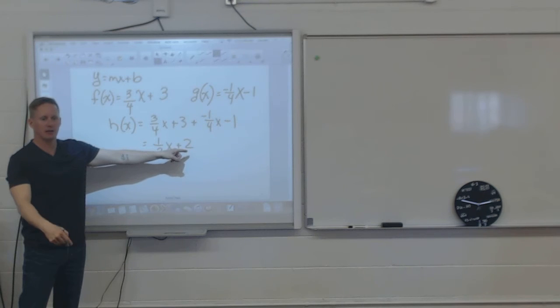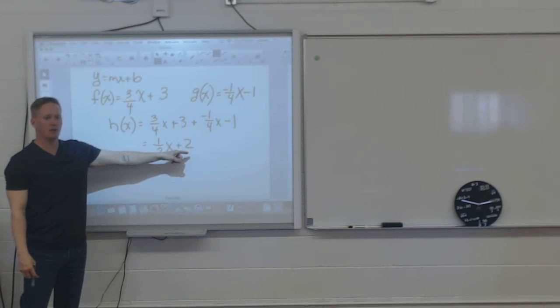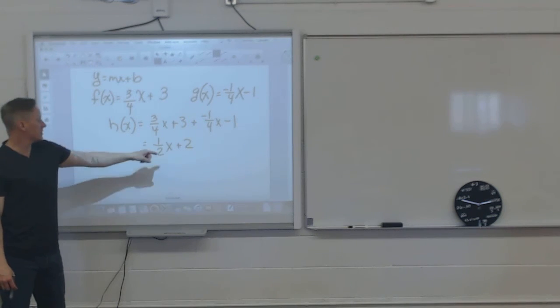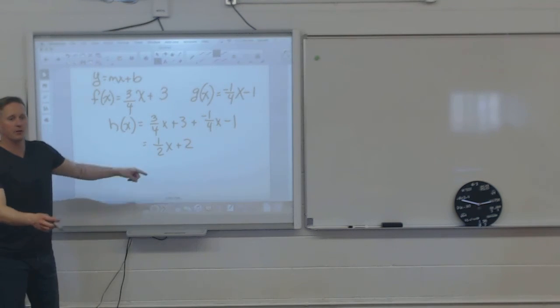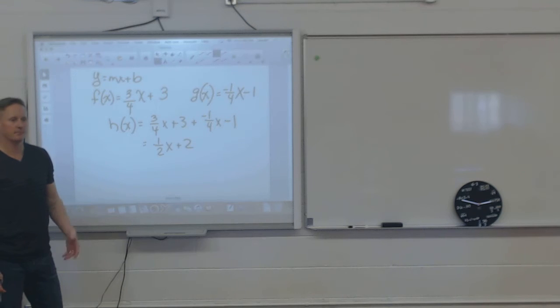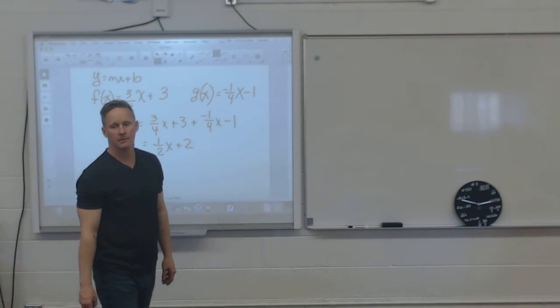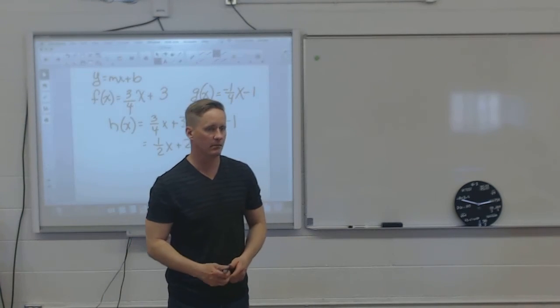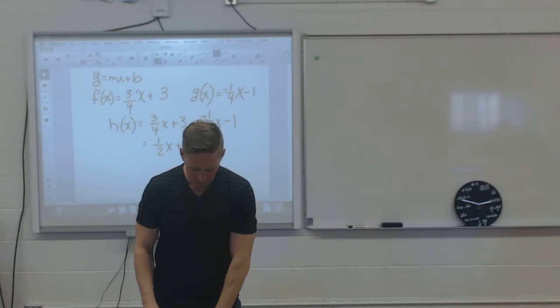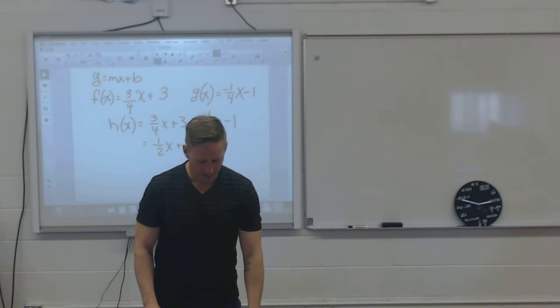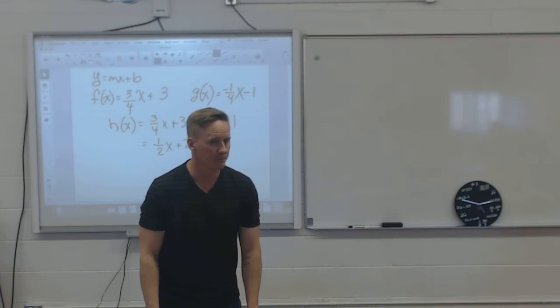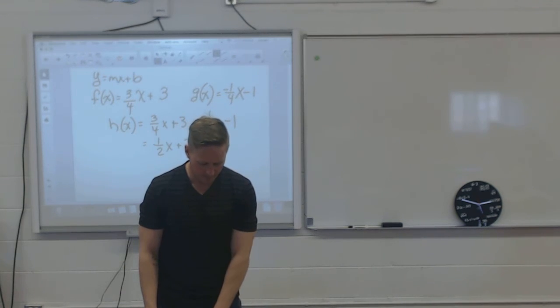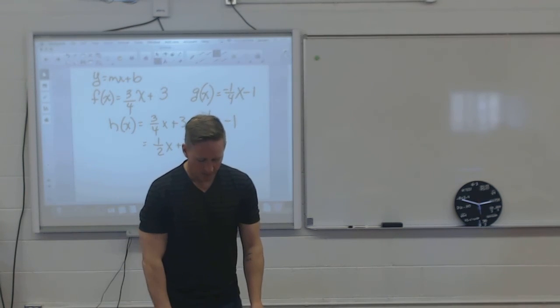Was 0 and plus 2 one of my coordinates for h of x? Yeah, it was. Awesome. Is the slope on h of x 1 over 2? Yeah. Done. You can check your answer with it too, if you needed to. Then we just graph it. Okay?